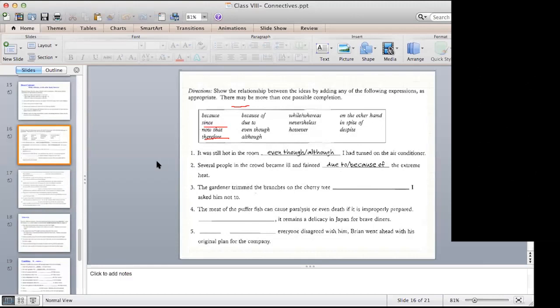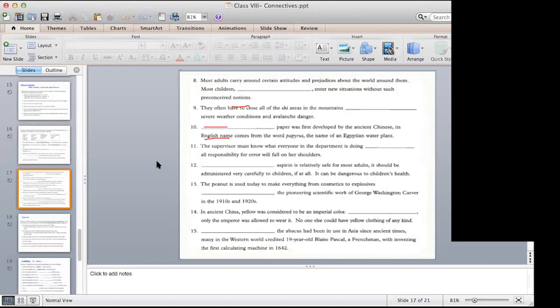What do you think? Let me see the chat again. Because, since, even if, because of. Because. Well, there is a reason, of course, cause and effect. The supervisor must know what everyone in the department is doing. He has to know that. Why?